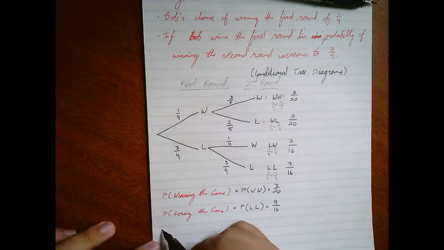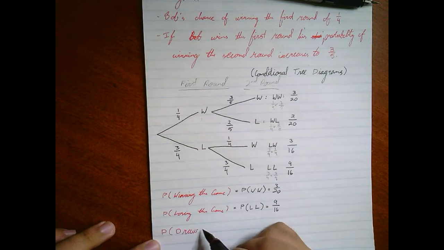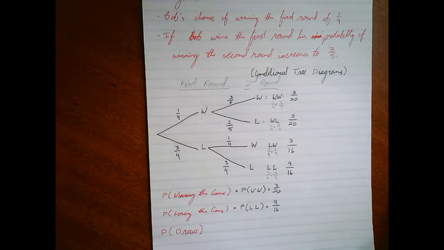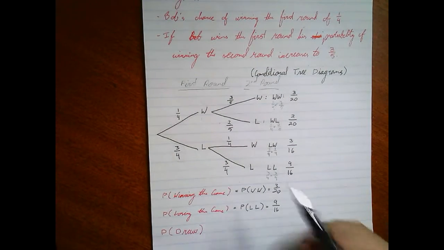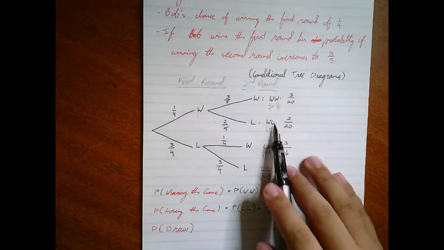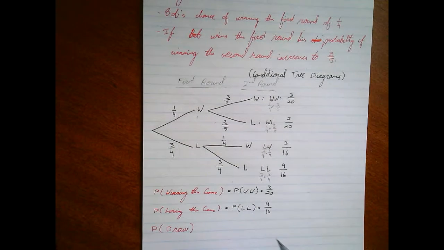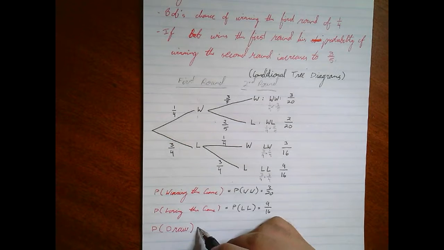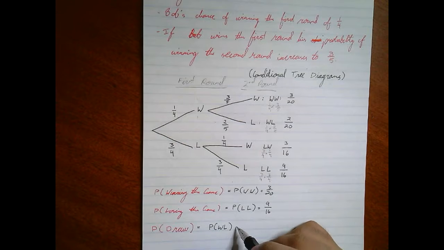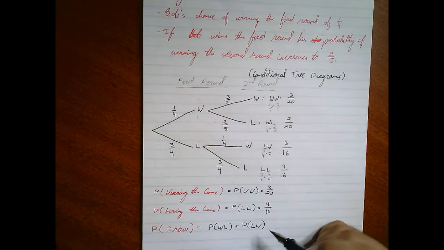And then what would the probability of getting a draw be? In this game, the draw is if one wins and the other loses. Well, there are two ways in which we can get a win and a loss: win-loss or a loss-win. So for this one, it'd be the sum: the probability of a win-loss plus the probability of getting a loss and then a win.